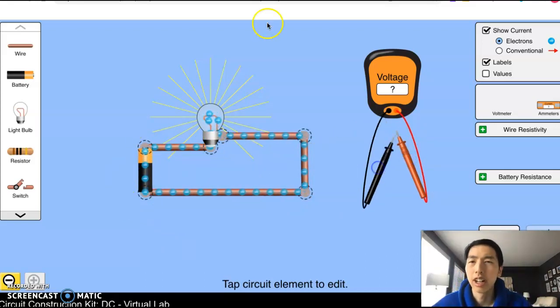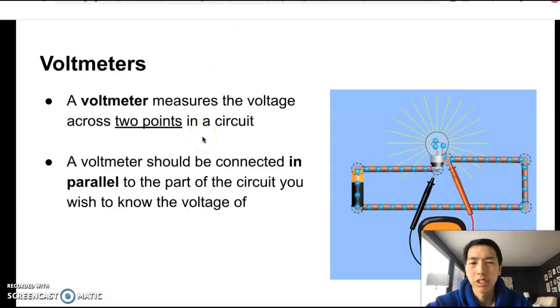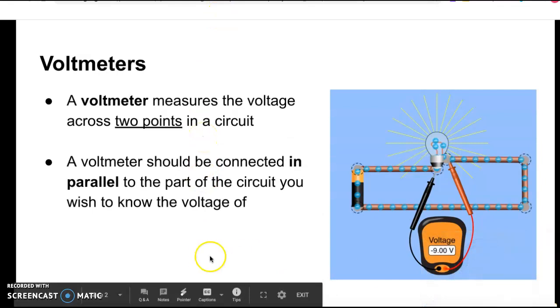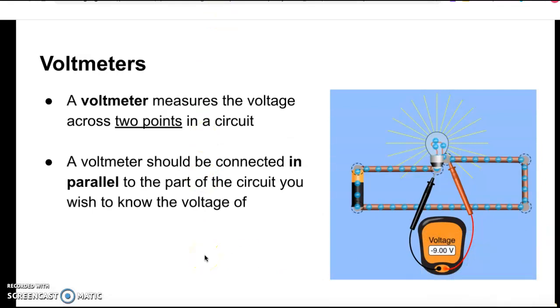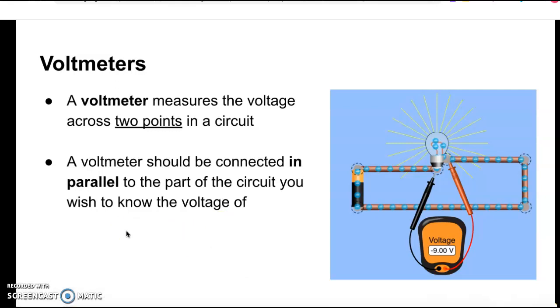So I have some notes on a slideshow here. So first, what a voltmeter is. There's a definition. It measures voltage across 2 points in a circuit. And I emphasize 2 points. You got to connect it to 2 points. And then the voltmeter should be connected in parallel to the part of the circuit you wish to know the voltage of.